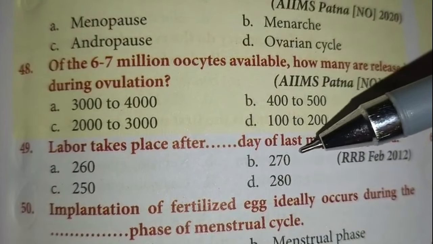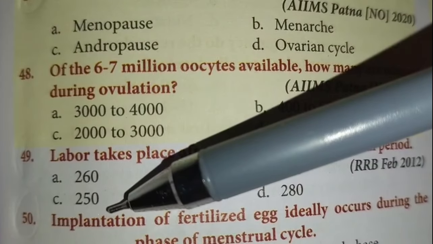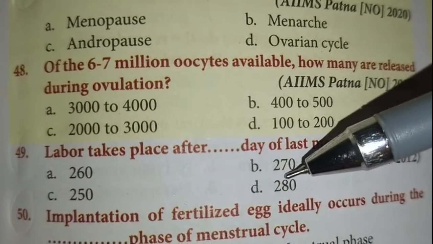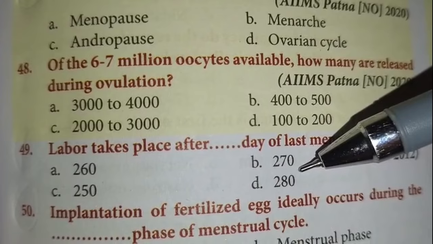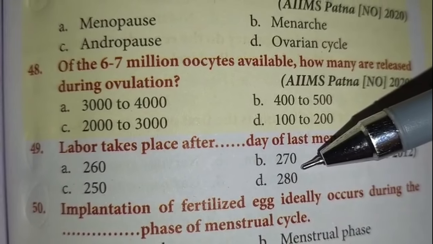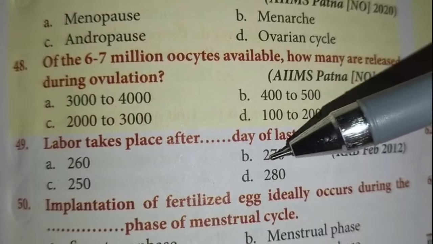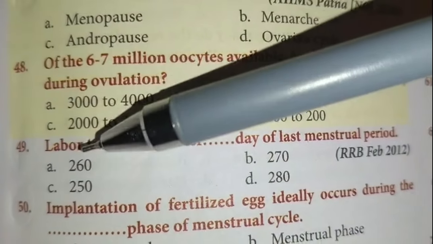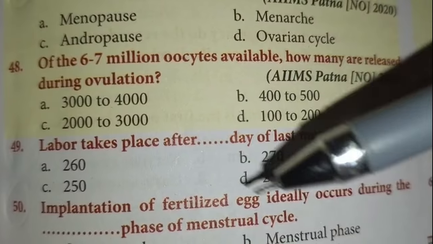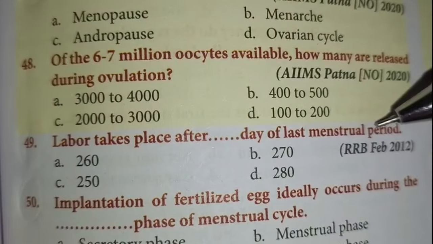Option B, 270 days. Option C, 250 days. And option D, 280 days. And the correct option is option D, 280 days. Labor takes place after 280 days of the last menstrual period.